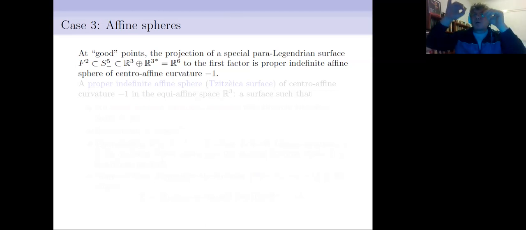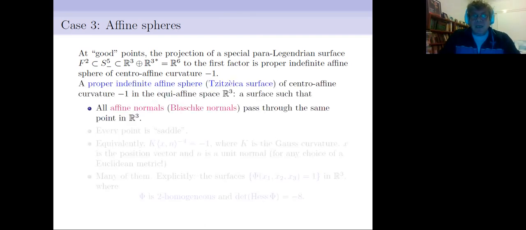And at all good points, you can just project your 2-dimensional surface to the first factor, to R3. And what you get down at the bottom after you project uniquely determines your original surface, provided it was para-Lagrangian, right? So in the end, you arrive at just a 2-dimensional surface in a 3-dimensional space.